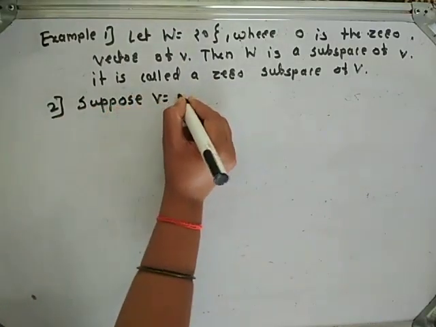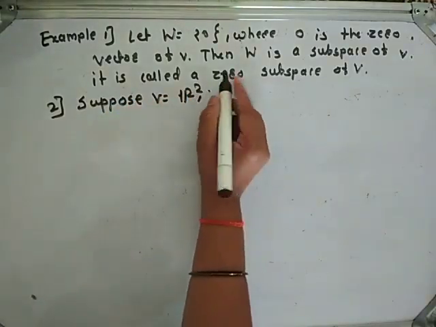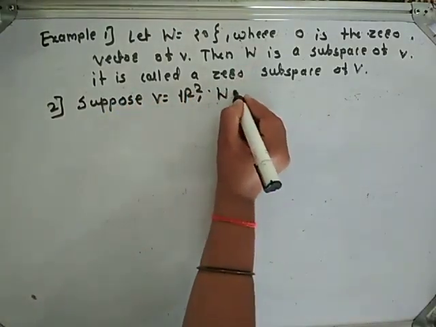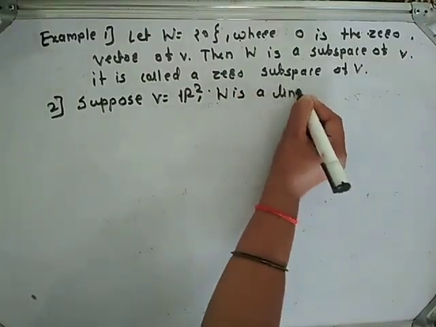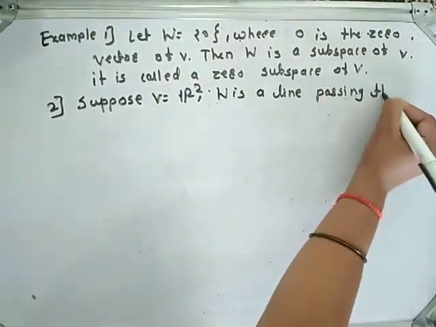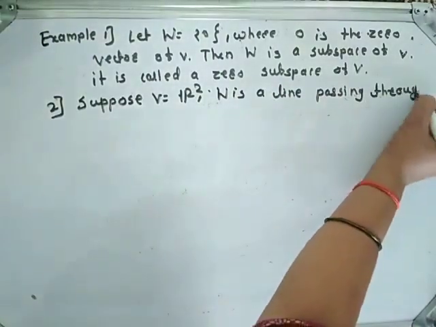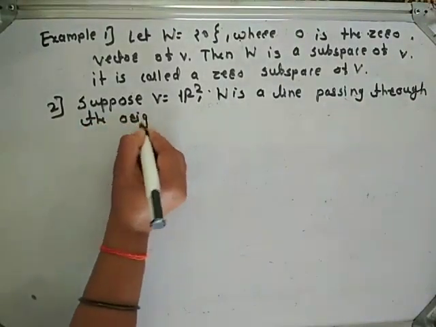Example number 2. Suppose V is equal to R2, and W is a line passing through the origin.